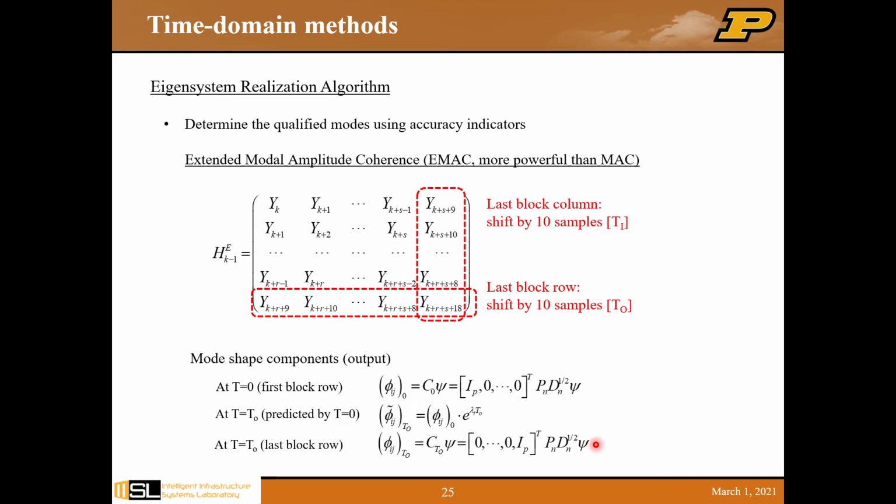Then we can compare the mode shape component extracted from the measurements in the last block row with the mode shape component predicted from the initial conditions and the eigenvalues. So we should compare phi ij and phi ij tilde.